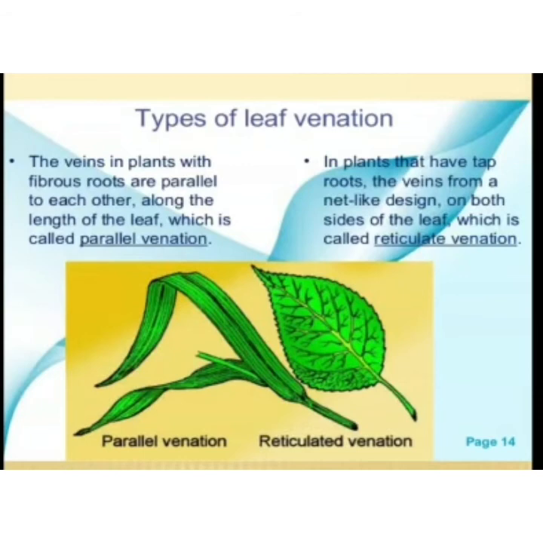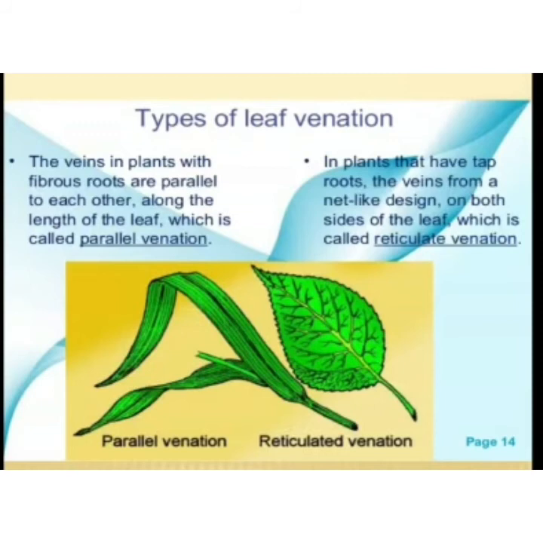Along the length of a leaf, these veins are parallel to each other, and this is known as parallel venation. Understand it again: the veins in plants with fibrous roots are parallel to each other and lie along the length of a leaf. This is called parallel venation.